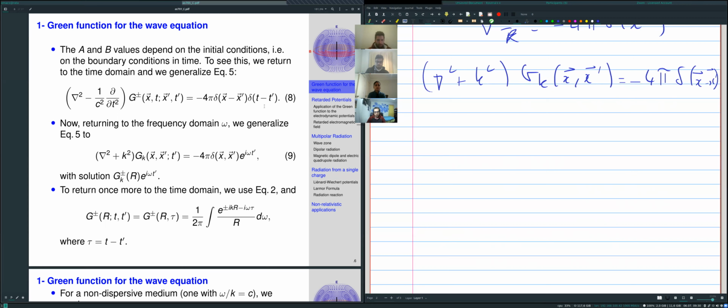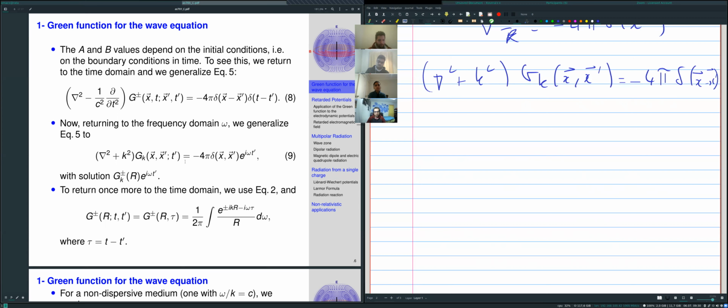Okay, so we expect the green function to be dependent on position, but since I'm including a time dependence in the source term, then the green function should also depend on time. And since I've also added a new time variable, t prime, this should also be on the left-hand side. So we have 4 variables for the green function, okay?